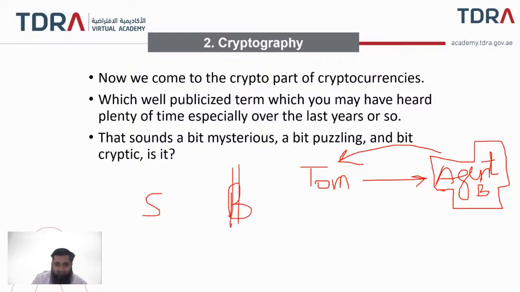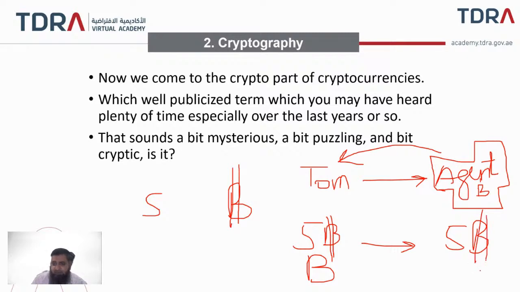But here, if I want to say that I have paid 5 bitcoins to the person B, then the name of Tom will be B here, and B, Tom, has paid 5 bitcoins to person C. So who is C? We can say that is Nadine, who is named as Agent C.